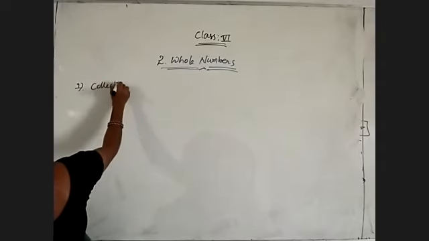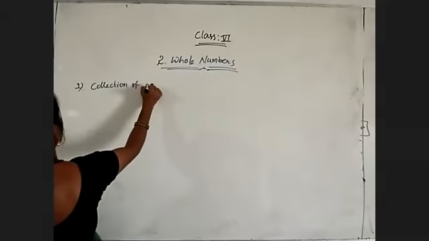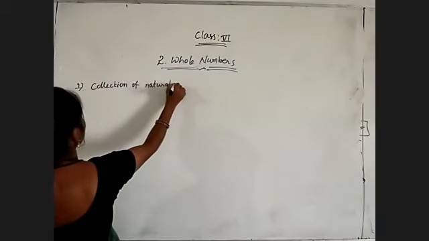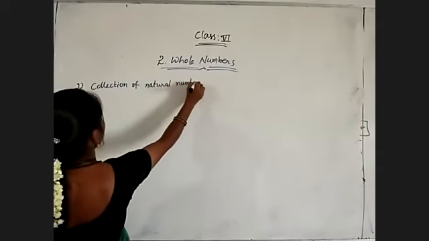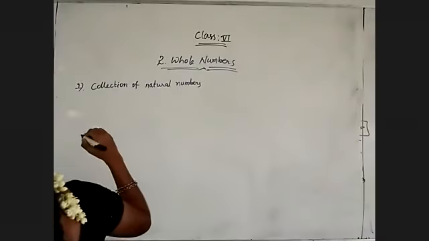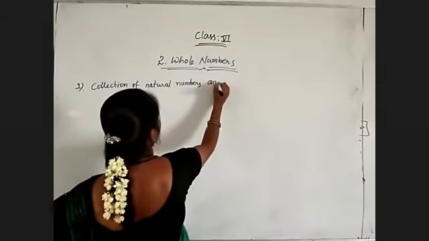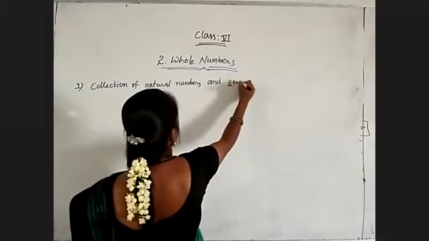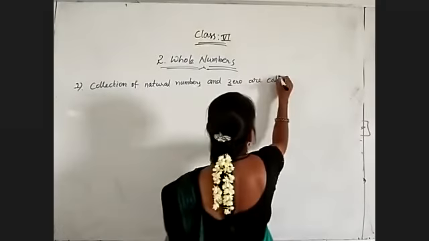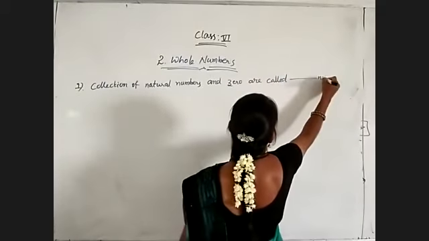Collection of natural numbers and zero are called dash numbers.